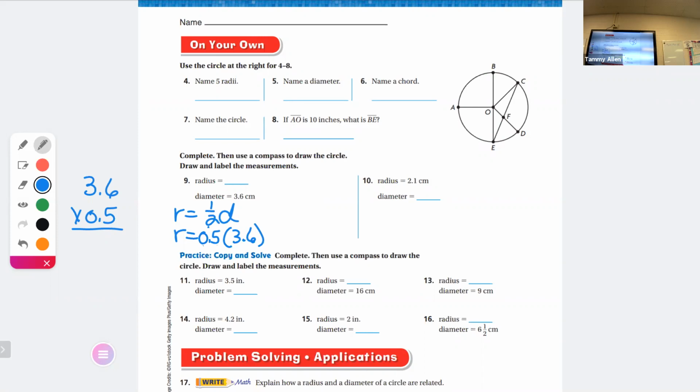A lot of you forgot to use your estimation skills. If we want half of 3, are we going to get 18? How many places do we need to use the decimal point?